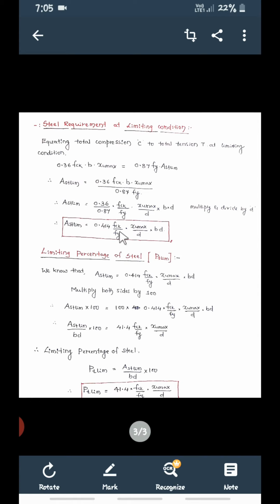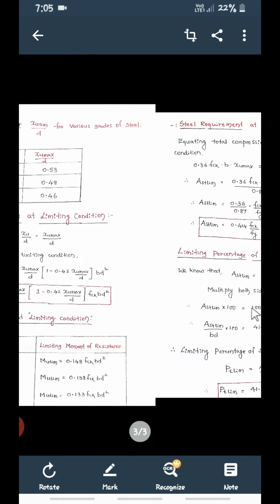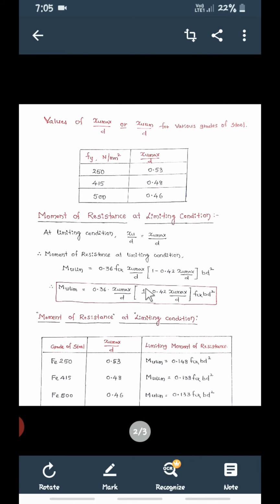So this equation will calculate the area of steel. Here we are going to get the area. Suppose you want the percentage, you can use this equation, right? So similarly here, this equation will give the maximum moment of resistance, or ultimate moment of resistance at limiting condition.